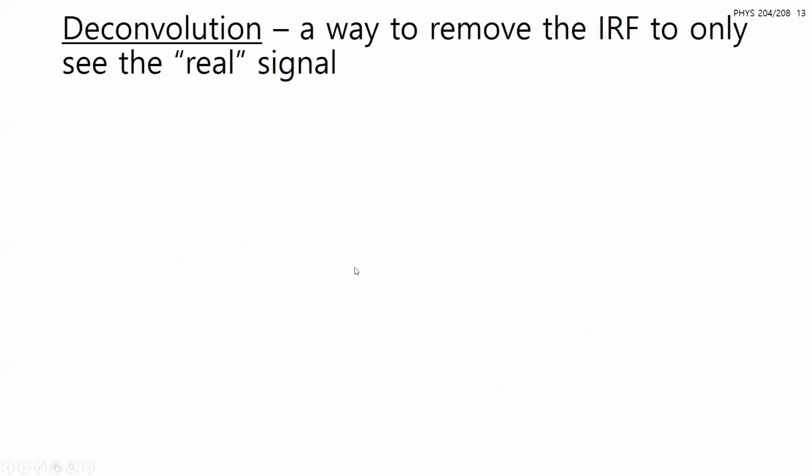We can then use that when we're working with the instrument response function as well, if we only want to resolve the real signal, if we want to remove the contribution of our instrument. And this process is called deconvolution. So if we want to do this, we can write out our output again.